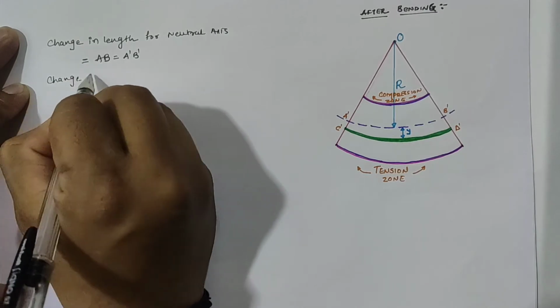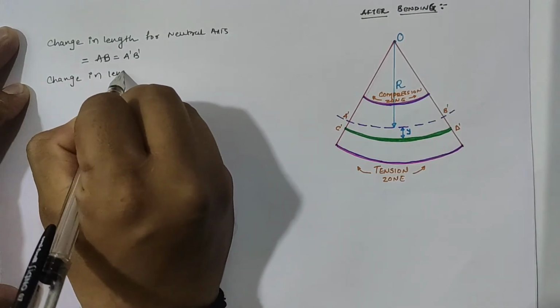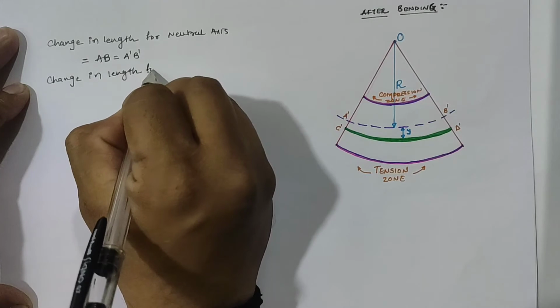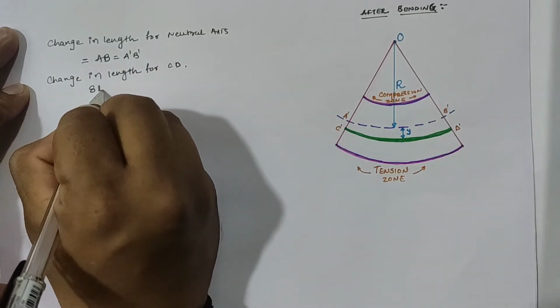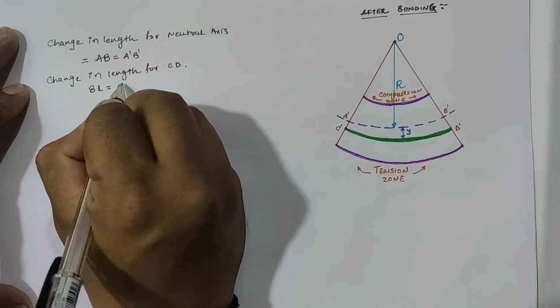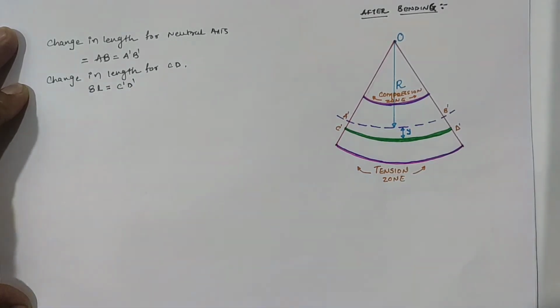So the change in length for the assumed lamina, or we can say the CD part, is indicated as del L, which is equal to c dash d dash.